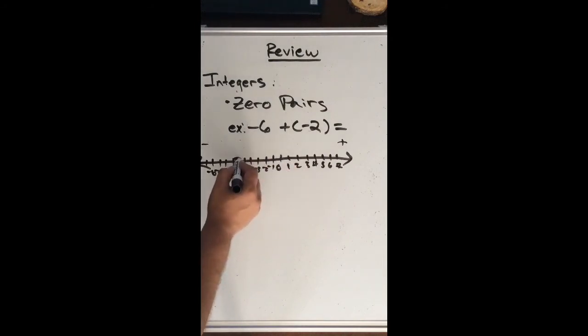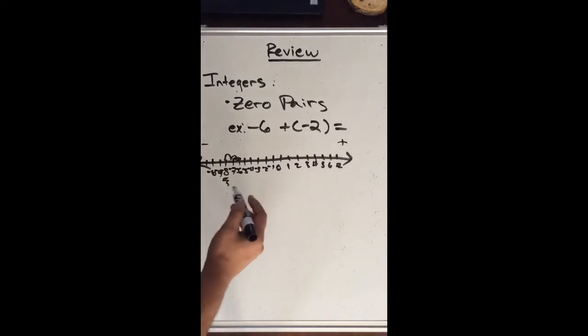So if we start here at -6 and we're going to do the opposite of adding, we're going to go 1, 2, right here at -8. Well, that's a bit strange, but let's continue. Let's try with our algebra tiles, or rather our positive and minus tiles.